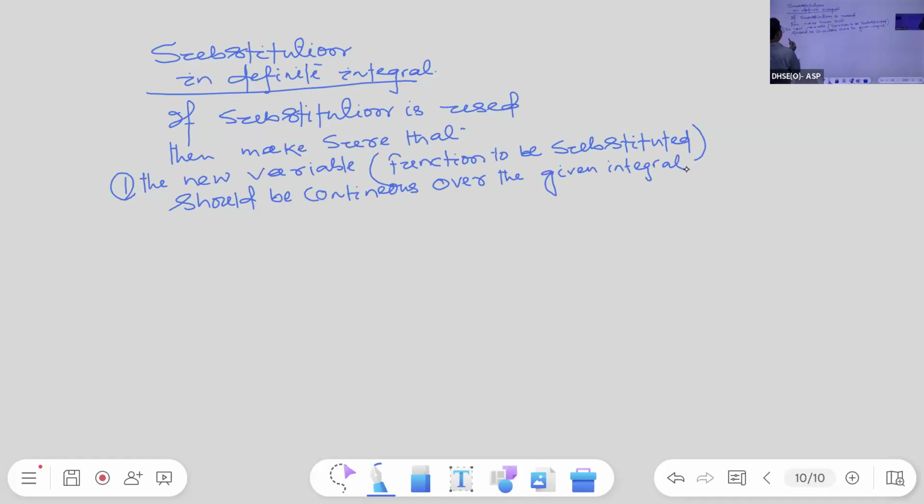The second point is, otherwise directly you can't substitute. If the function is discontinuous at a point over the given interval, then directly we can't substitute the function.